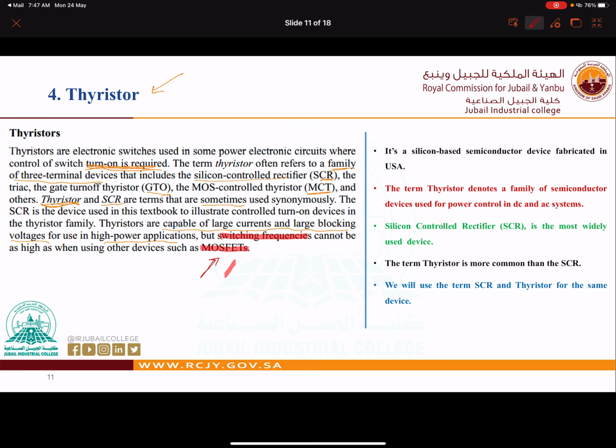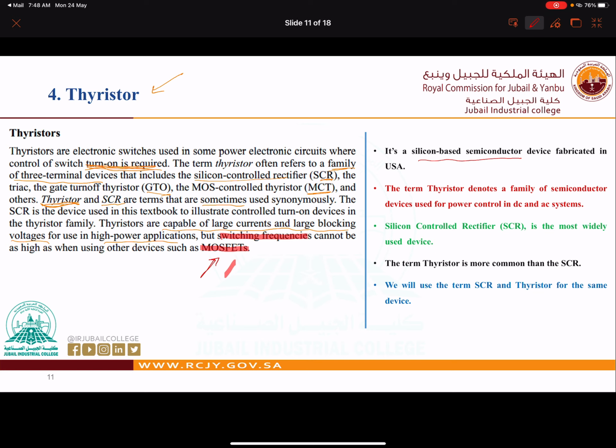This is the switching frequency. The MOSFET has a much higher switching frequency. Of course, we have drawbacks for the switching frequencies, but you will understand it later. For the time being, you should understand that the thyristor is capable of large currents, and the MOSFET is good in switching frequencies. Basically, it is a silicon-based semiconductor device.